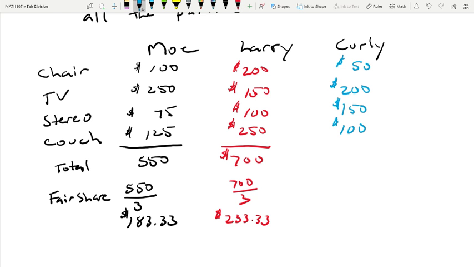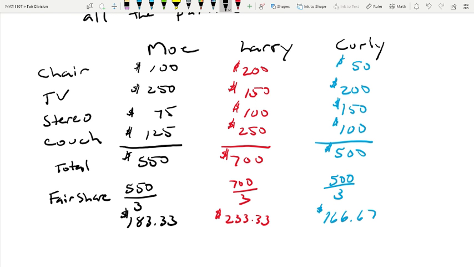And then for Curly, the total is going to be 500, so 500 divided by 3 comes out to 166.67.